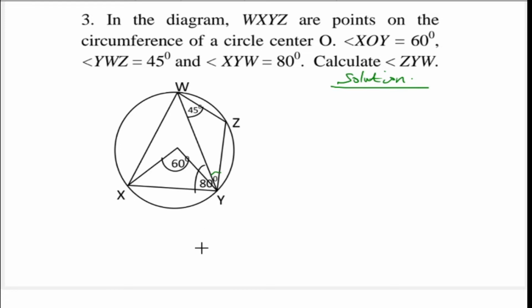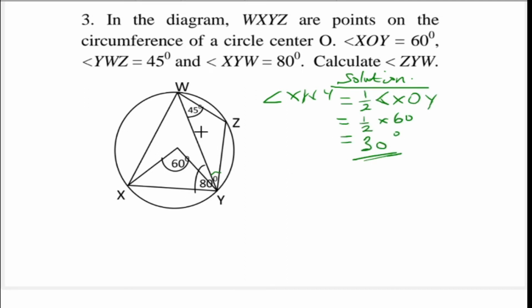So considering that lesson, it means that angle XWY is half of angle XOY, which will give us 30 degrees. Let me write that quickly. So the angle here is 30 degrees.